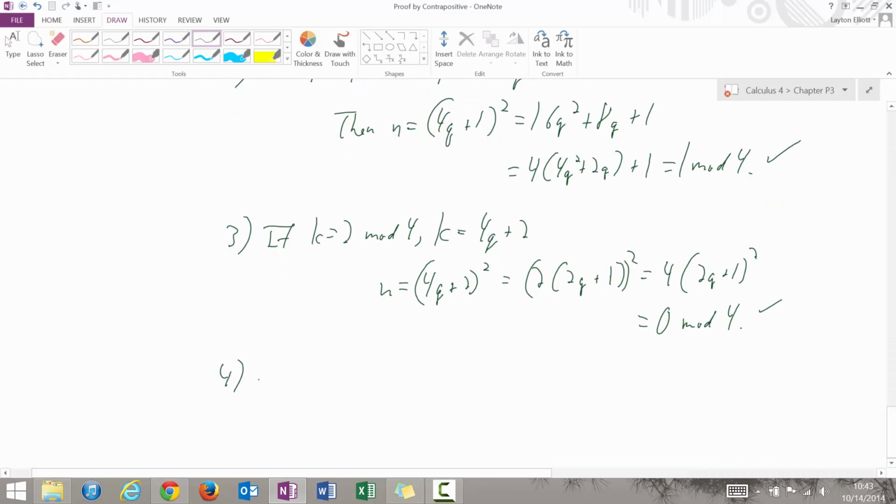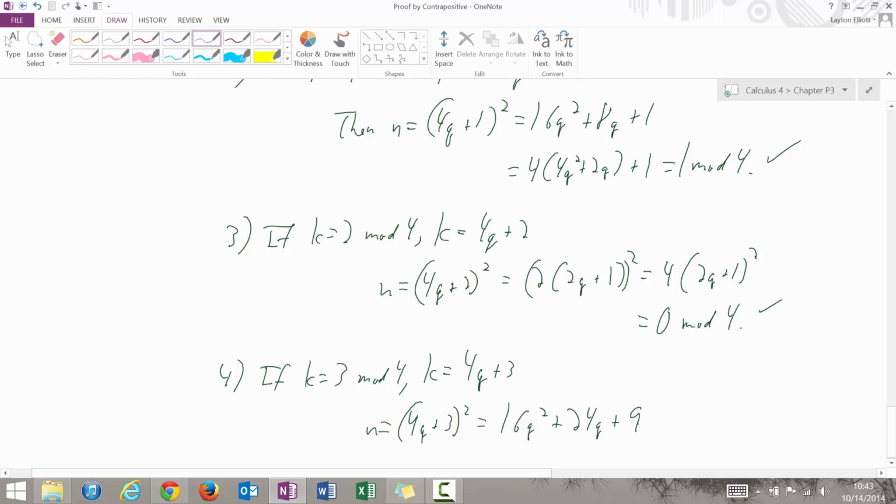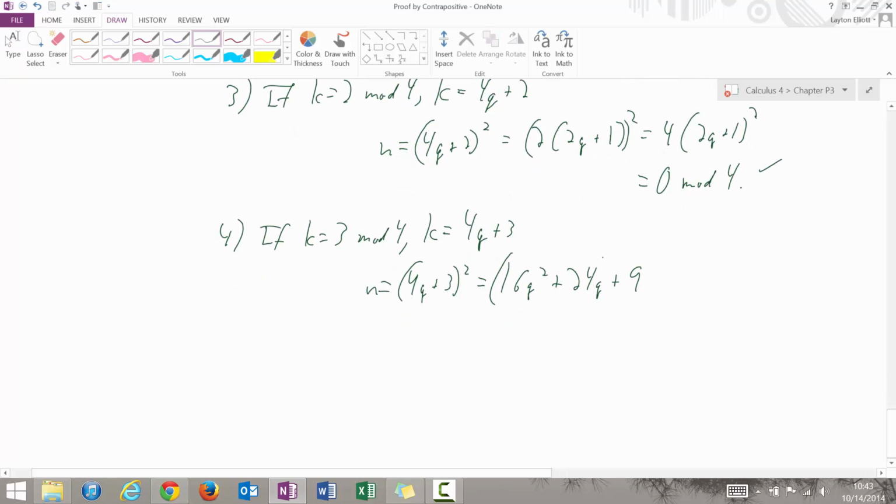And then lastly, we have k is equal to 3 mod 4, or k is equal to some 4q plus 3. So then n is equal to 4q plus 3 squared, no factoring trick there, so let's multiply it out. 16q squared plus, let's see, that would be 4 times 3 times 2, 24q plus 9. So I know how we're going to deal with this, but clearly you should see that 9 is equal to 1 mod 4.